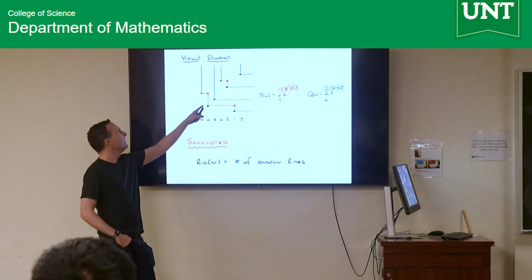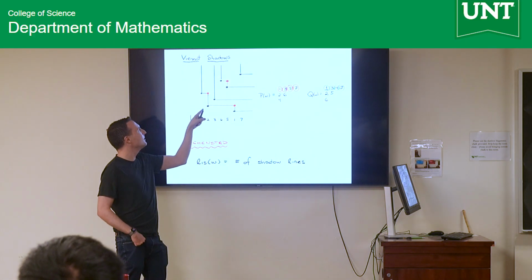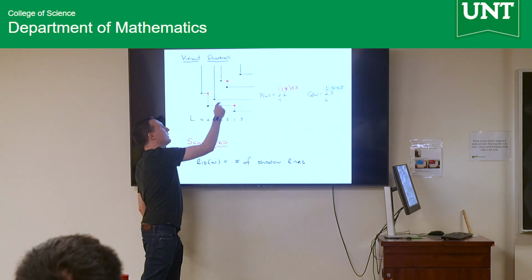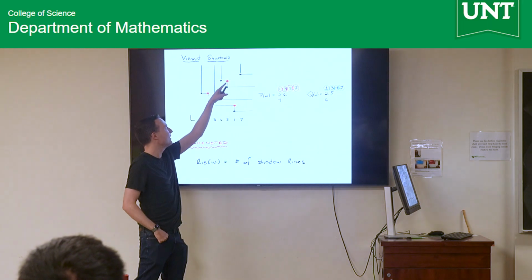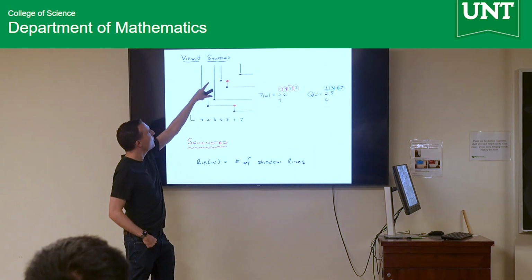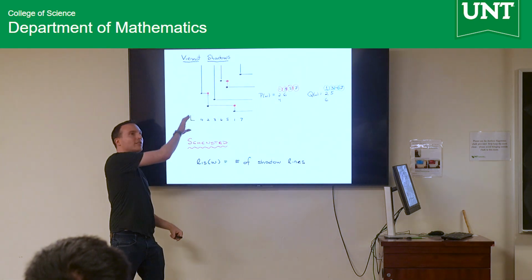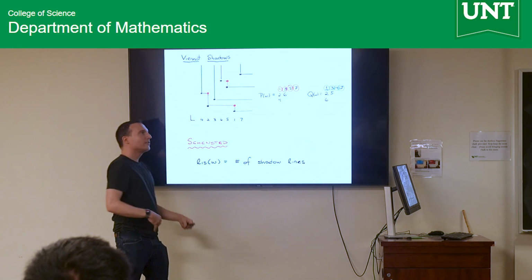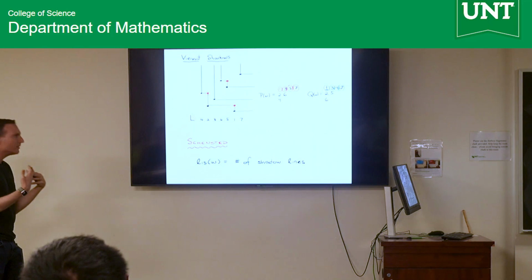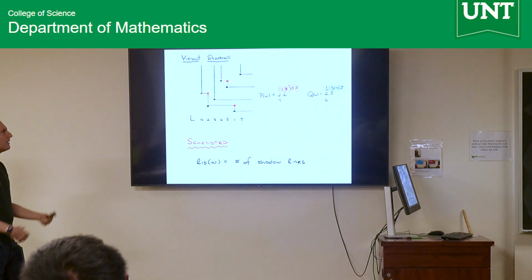Well, if you have an increasing subsequence of W, like for example, this increasing subsequence of length 4, every point on it blocks every subsequent point when I shine the light. So points in an increasing subsequence have to live on distinct shadow lines on the one hand.